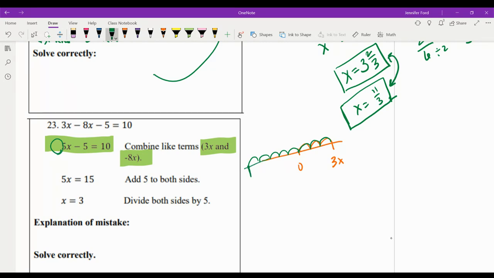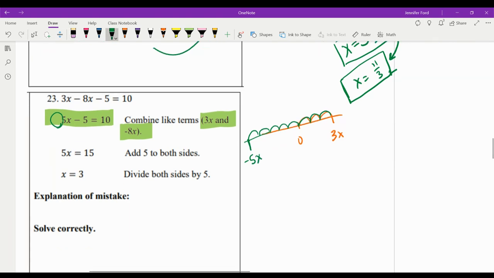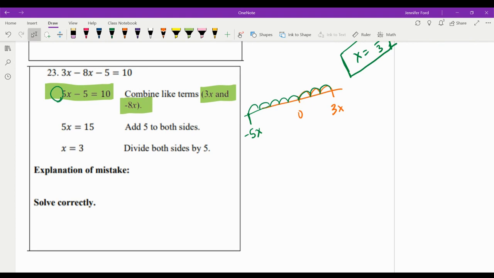I end up 5x jumps below 0, which is negative. So, explanation of the mistake. 3x minus 8x is negative 5x. They lost a negative sign, which is very sad, so I'm going to give them a sad face.